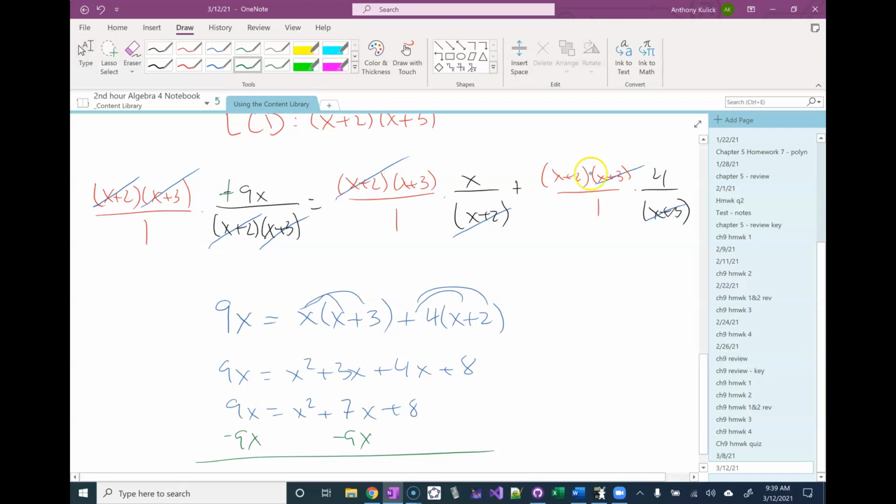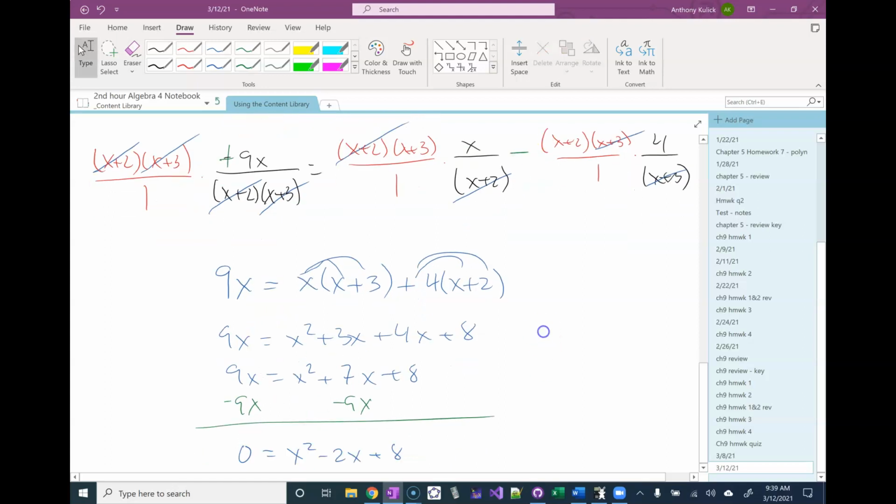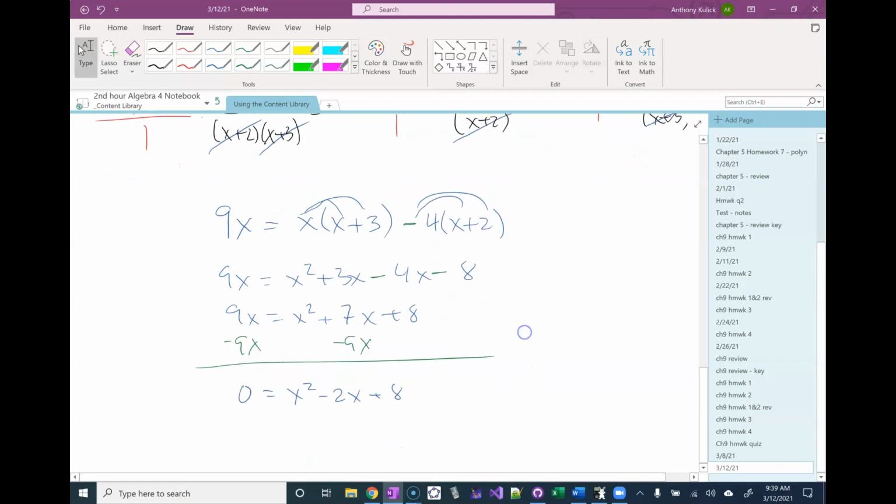All right, so this, I guess, needed to be subtraction. That needed to be subtraction. So that's going to change there and there and there. I warned you, Reese. So that's just going to be negative 1x minus 8.